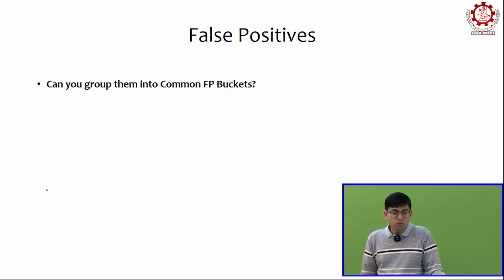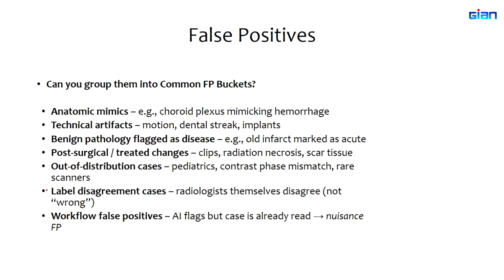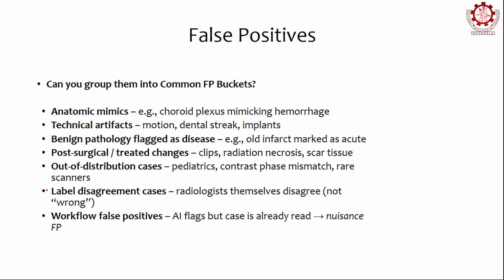So there are different false positive buckets into which we can categorize the misclassifications. What are they? You can have anatomic mimics. Sometimes you can have artifacts that look like hemorrhages, but they're not hemorrhages. You can have technical artifacts.